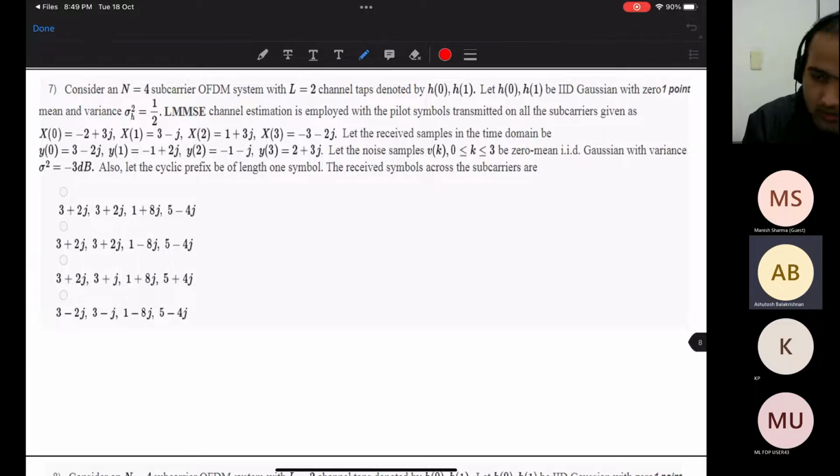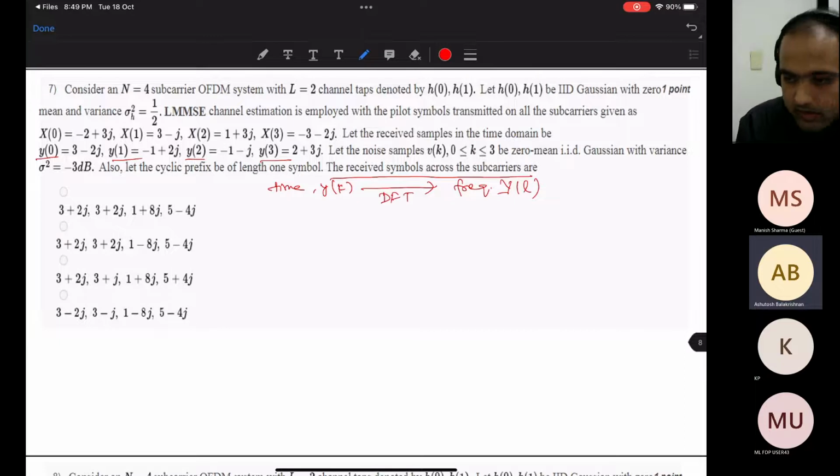So question 7. This is also built up to the previous two questions, and we need to find the received symbols across the subcarriers. So now we are given y0, y1, y2, and y3. These are in the time domain. So now we need to convert the time domain, that is y of k, into the frequency domain, that is capital Y of L, and we need to do the DFT in this case, right?